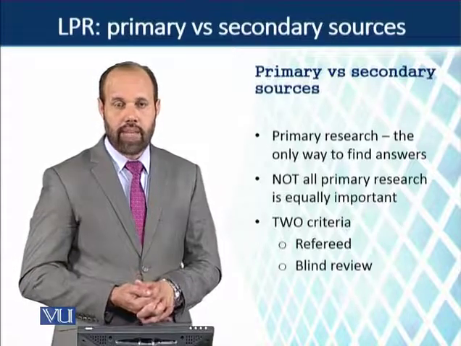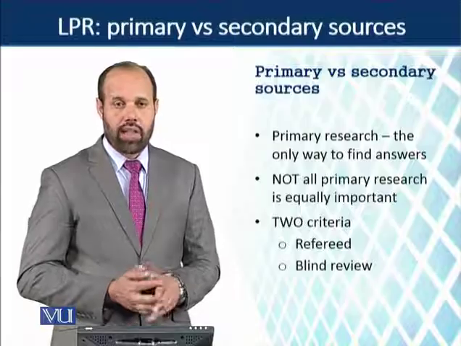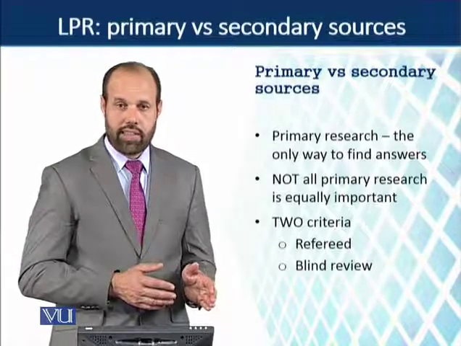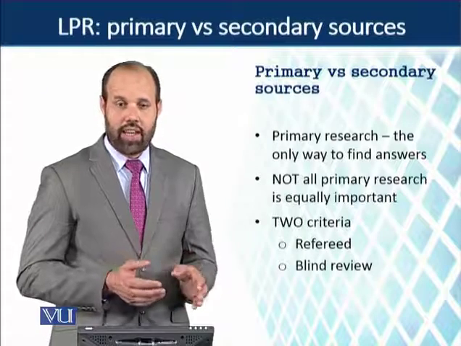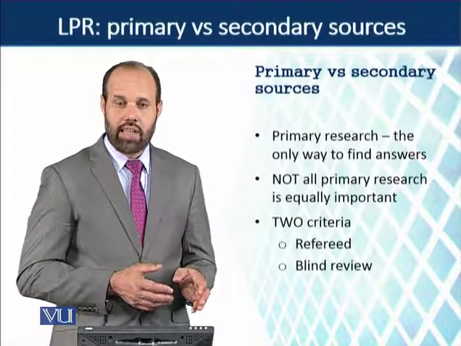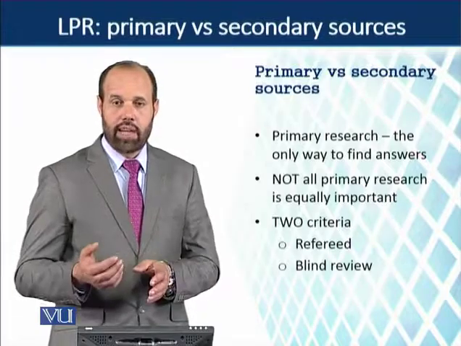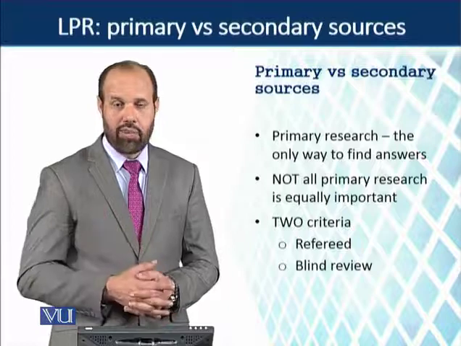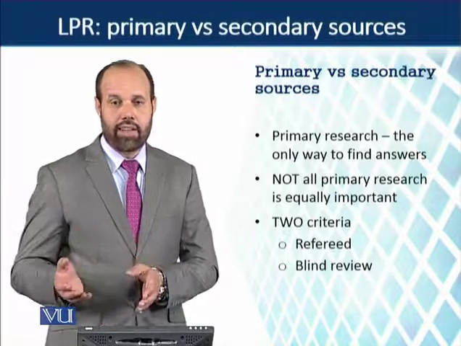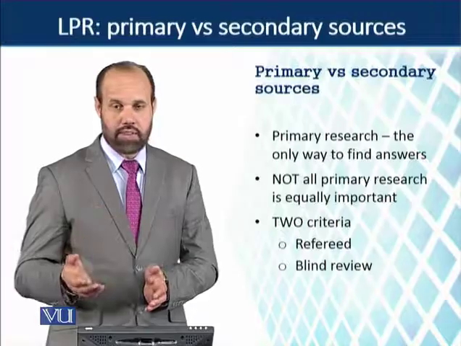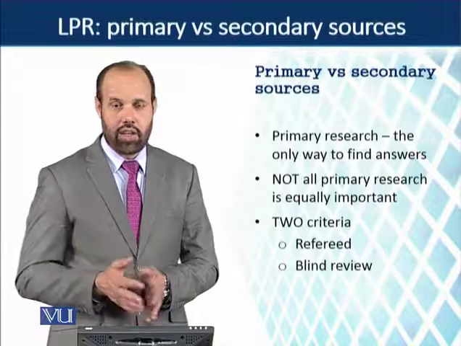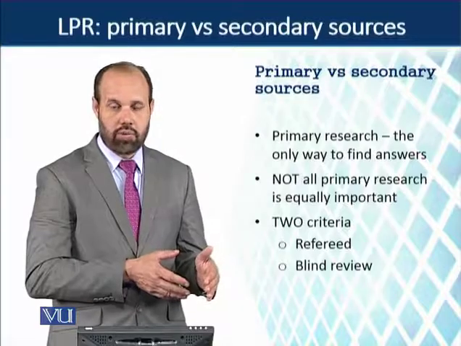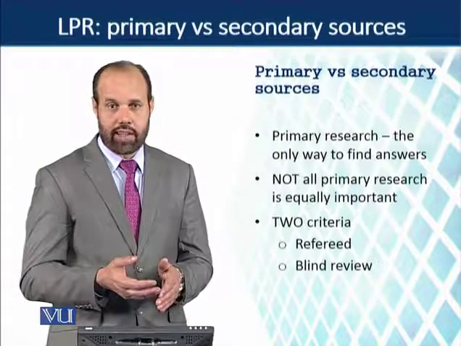By blind review, we mean that neither the reviewer nor the researcher know each other. The researcher does not know to whom his or her work is sent by the examination system or by the journal editors, so the researcher does not know who is reviewing his or her work.